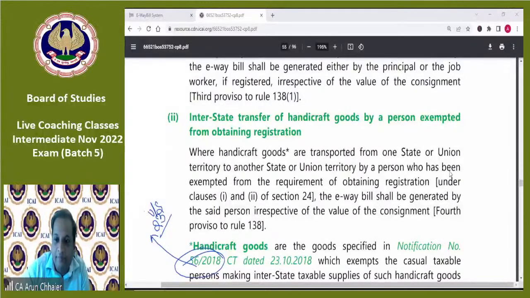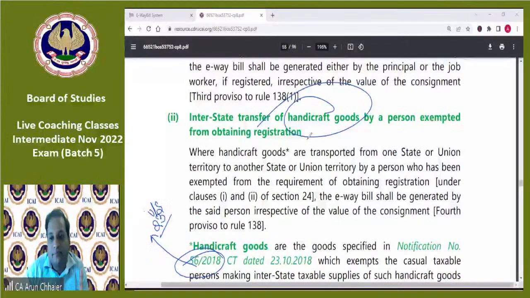Meaning thereby, a casual taxable person supplying the handicraft goods, but interstate, is relaxed from mandatory registration by virtue of this notification.